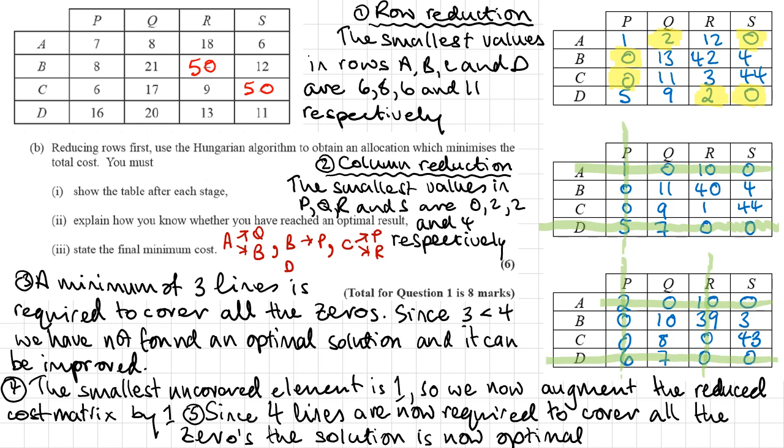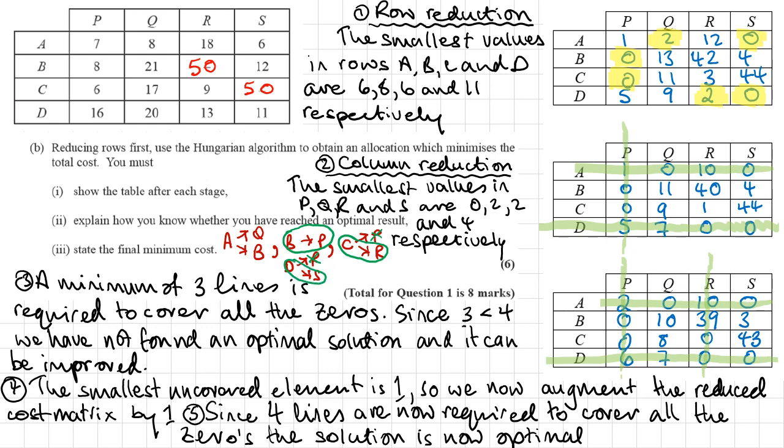So R or S. Okay, now since B can only be allocated to P, then that means we can't allocate C to P. C has to be allocated to R. Since C has to be allocated to R, D can't be allocated to R. D has to be allocated to S. And I'm not sure why I put B here.